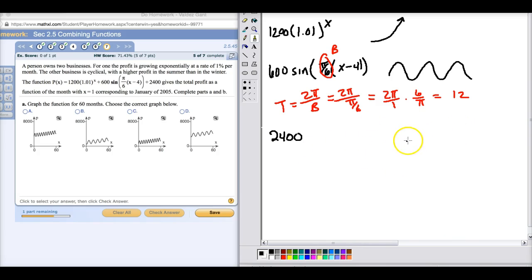So if I were guessing here, I would think that my function would have to look something like this. So if this is 8,000 and this is 4,000, it would have to be possibly somewhere down here and kind of doing something like this.